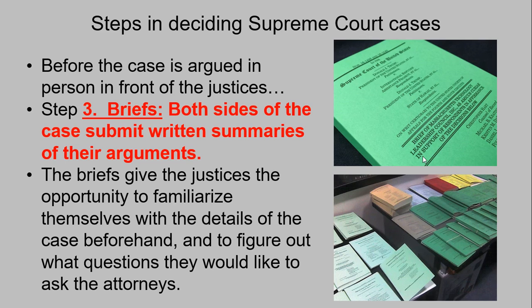I don't want to say a book, but these briefs aren't so brief. But anyway, the lawyers for both sides will write down their argument and why they believe they should win and mail those into the Supreme Court before the case even starts. So that way the justices already know a lot about what the lawyers are going to say and what they believe before they even enter the courtroom.